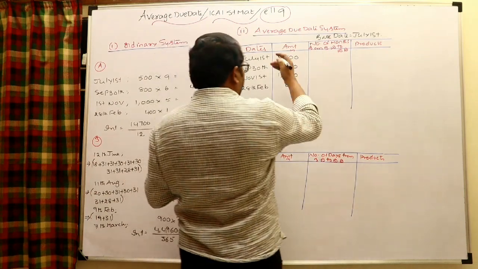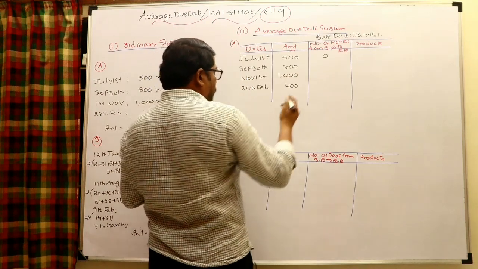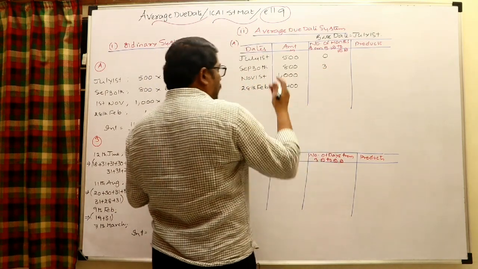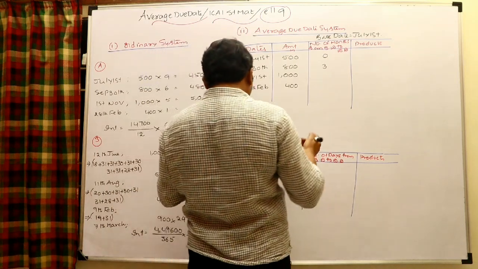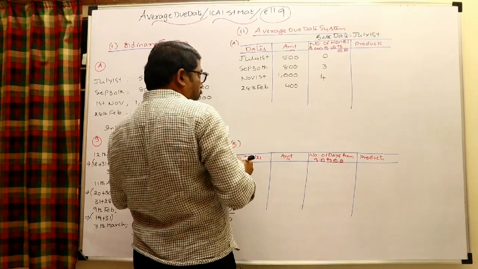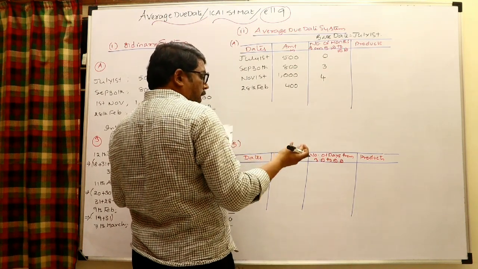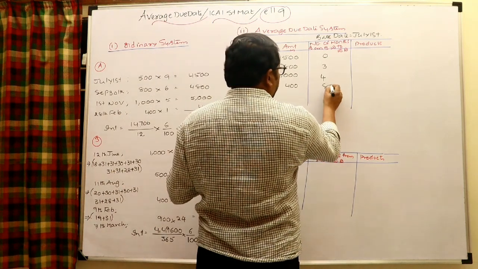Okay, so July 1st to July 1st 0, July 1st to September 30, July, August, September, 3 months, and July 1st to November 1st, July, August, September, October, 4 months, July to 28th February, and of course it is July, August, September, October, November, December, January, February, 8 months.